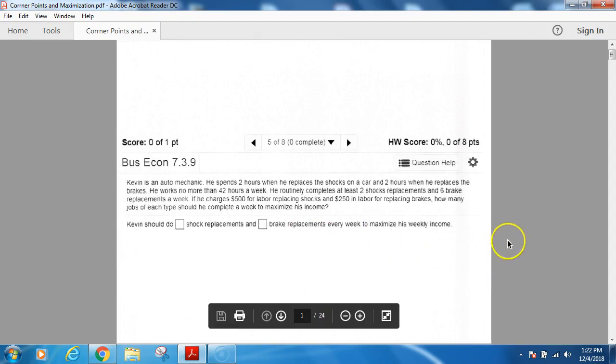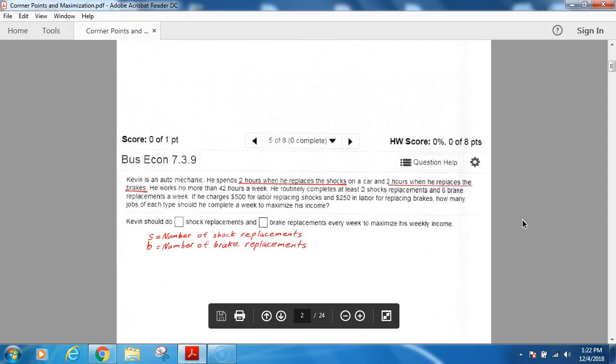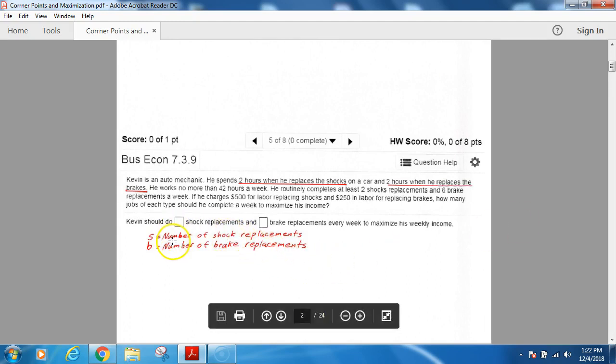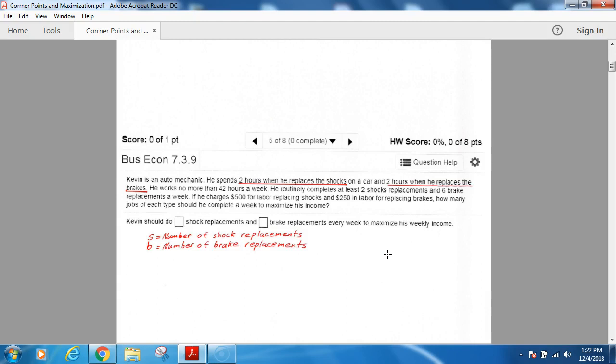All right. So the first thing, whenever you're working on these, is you want to go ahead and define your variables. In this case, since we're talking about the number of shock replacements, we'll call that S, and the number of brake replacements, we'll call that B. Now, the process in these is we want to come up with a number of inequalities that represent the constraints based on this business situation.